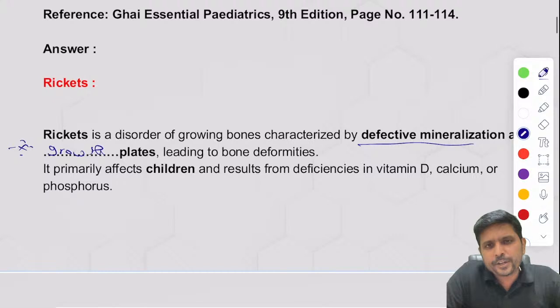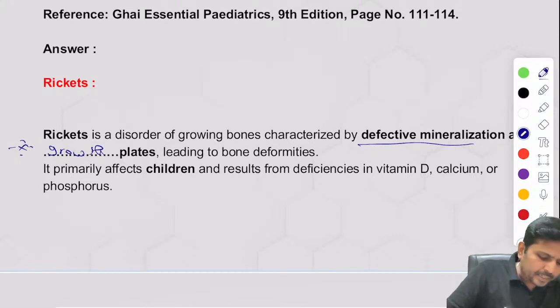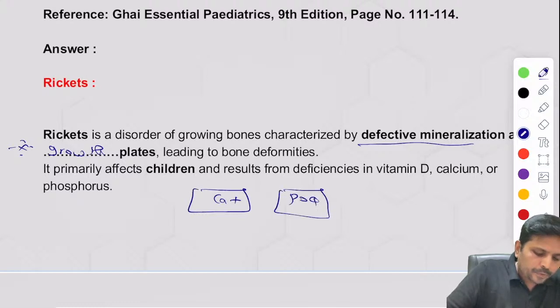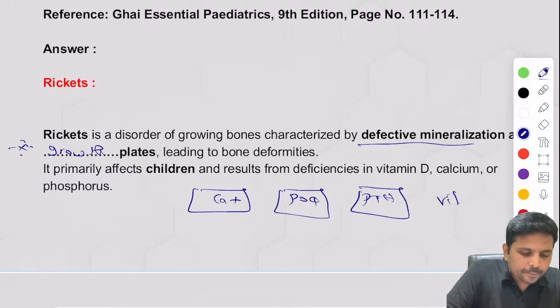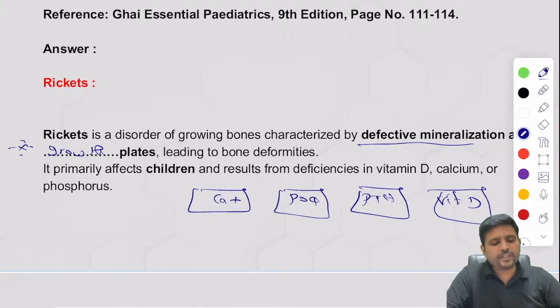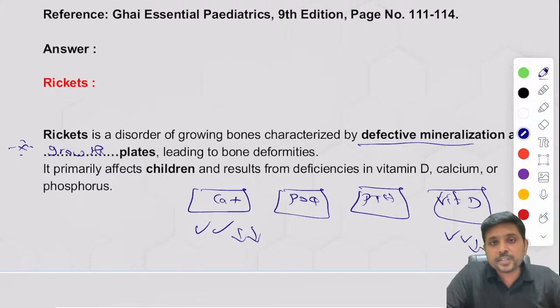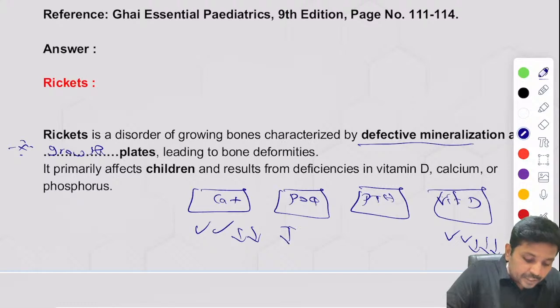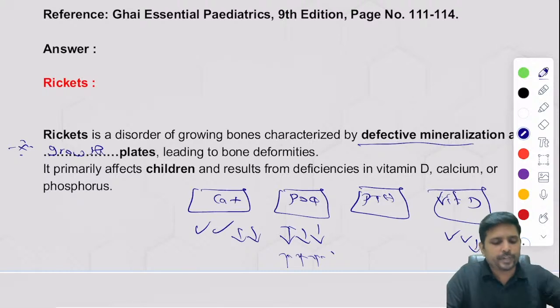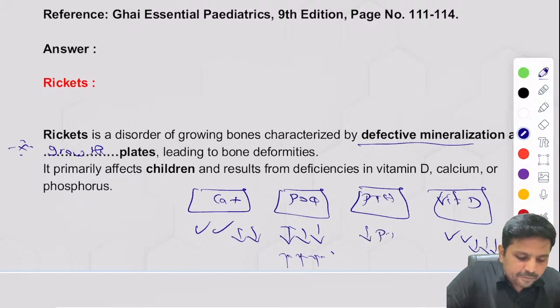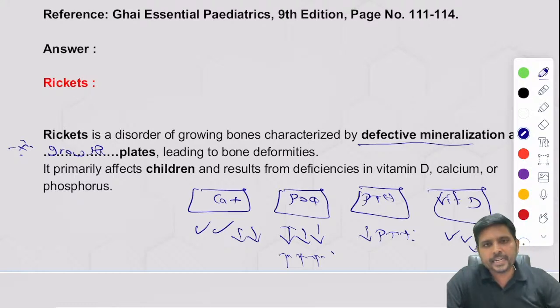So, rickets can be due to deficiency of any of the things that you require. You need calcium, you need phosphorus, you need parathyroid hormone, you need vitamin D. Deficiency of vitamin D, deficiency of calcium, deficiency of phosphorus as well as increase in phosphorus can lead to rickets, and deficiency of parathyroid hormone can also lead to rickets.